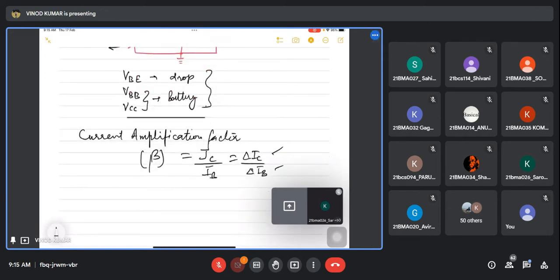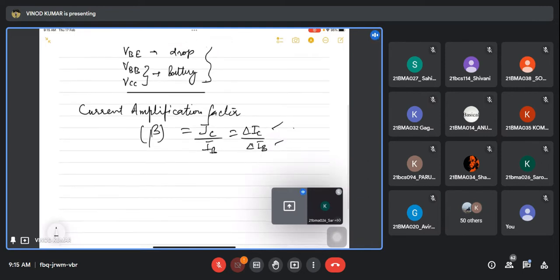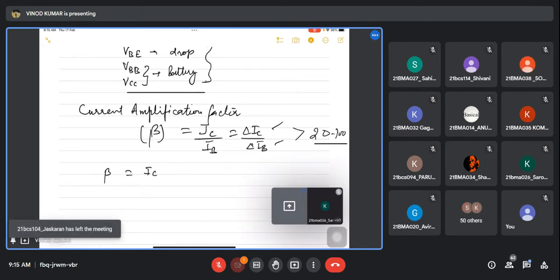That means change, with the help of that change you can also find out. Its value is usually higher than 20, 200. Its value is going to vary. So we know beta is equal to IC by IB.